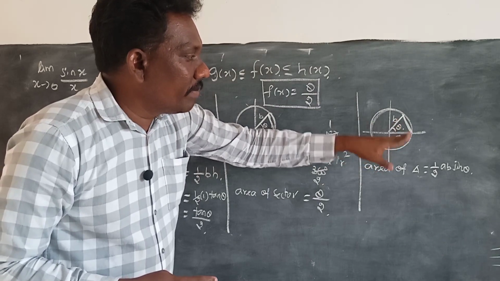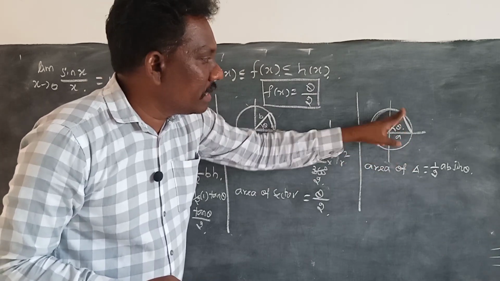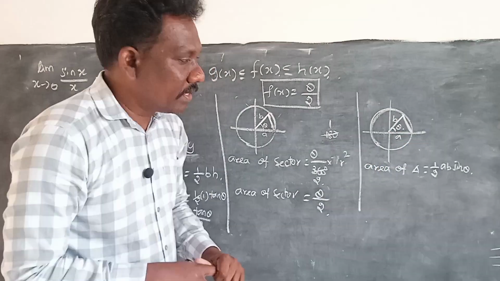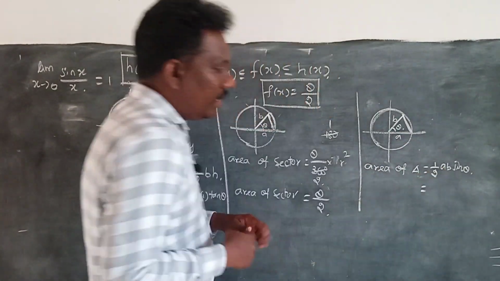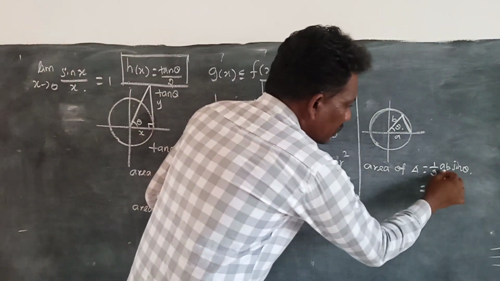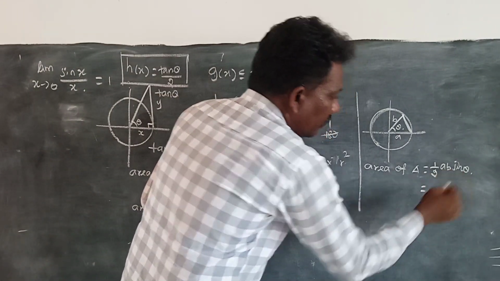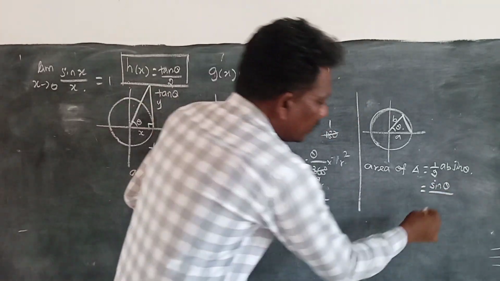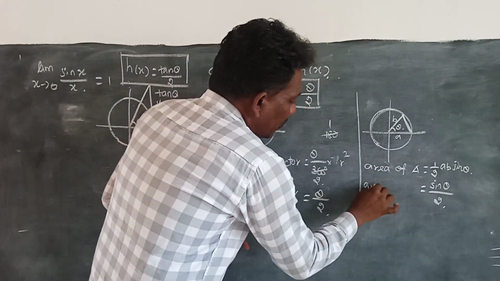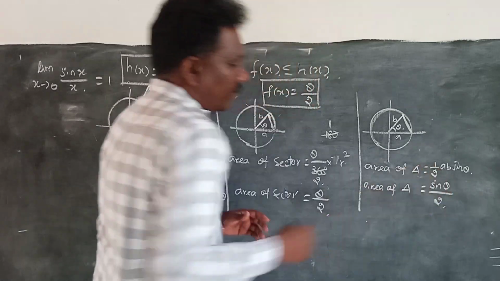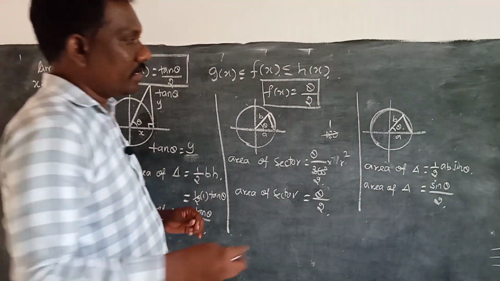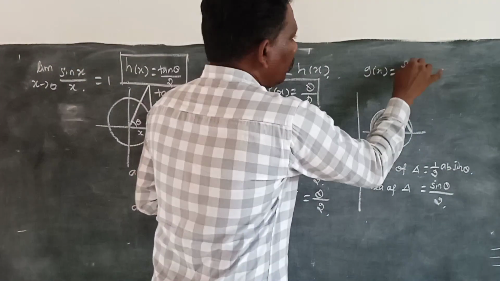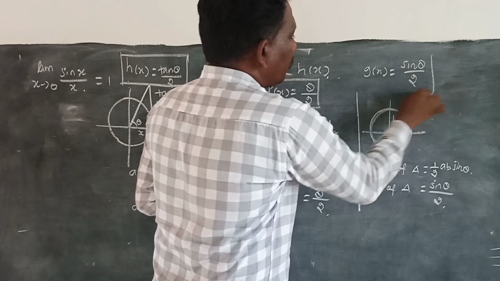What is A here? What is B here? A is 1, B is 1, since it is a 1 unit circle, and A is equal to the radius of this circle. So replacing A with 1 and B with 1, I am left with sin theta divided by 2. That's my area of an isosceles triangle. So this is my function g of x. So g of x is sin theta divided by 2.